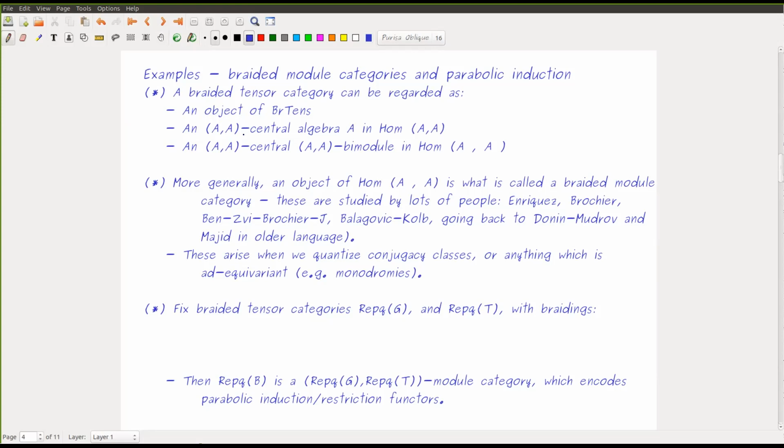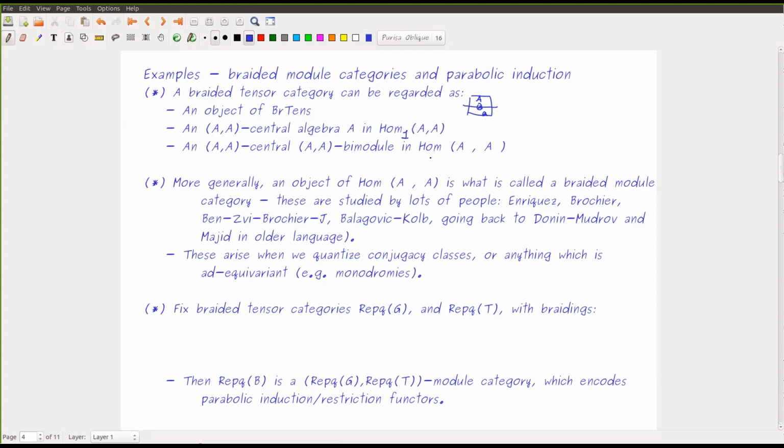That's by definition. I can also think of it as an A-A central algebra. So that's sort of this picture. I can draw a defect here, but which is a false defect. So I can put A here, I can also put A here, and I can put A here. So that's like the regular bimodule.